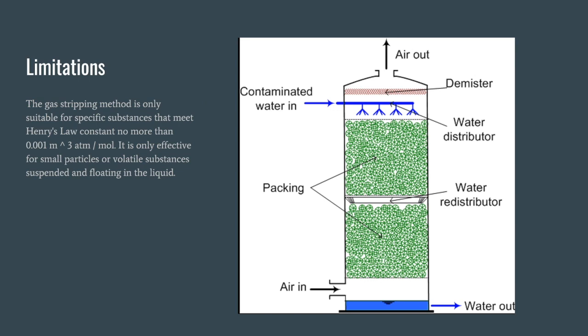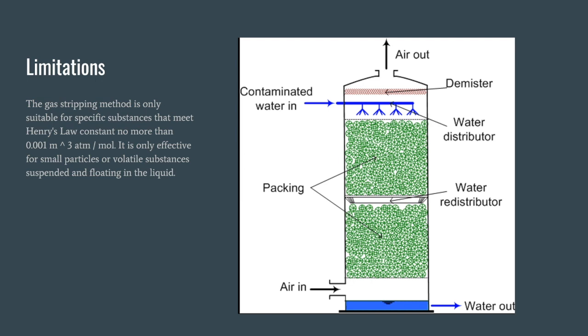As we mentioned before, the air stripping method is not suited for all contamination. The gas stripping method is only suitable for specific substances that meet Henry's law constant no more than 0.001 cubic meter atm per mole.